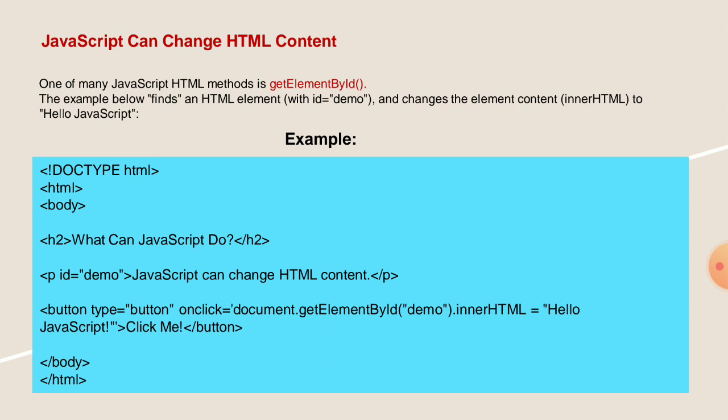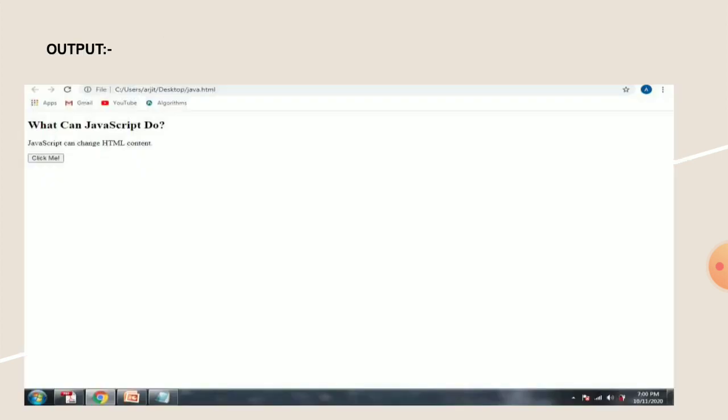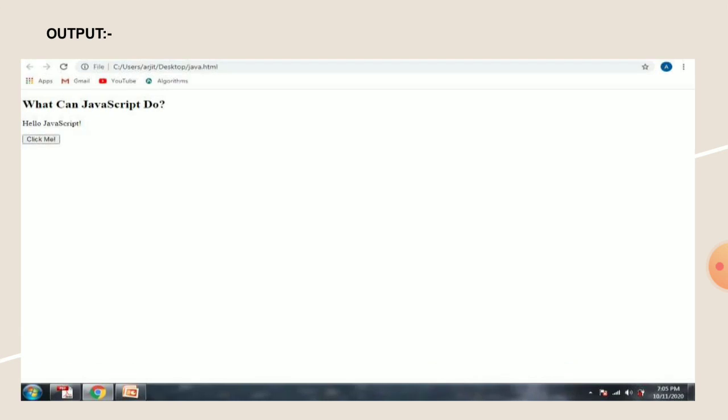P is a paragraph, then a button with type equal to button, and the onclick code is document.getElementById. The button text is click me, then close body and close HTML. The output is this, and this is the output after the click.